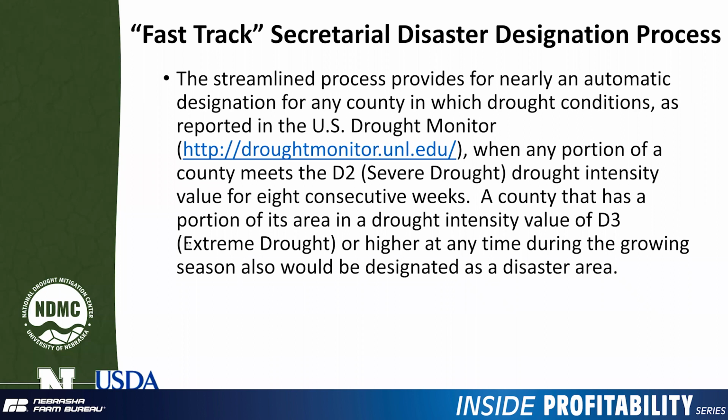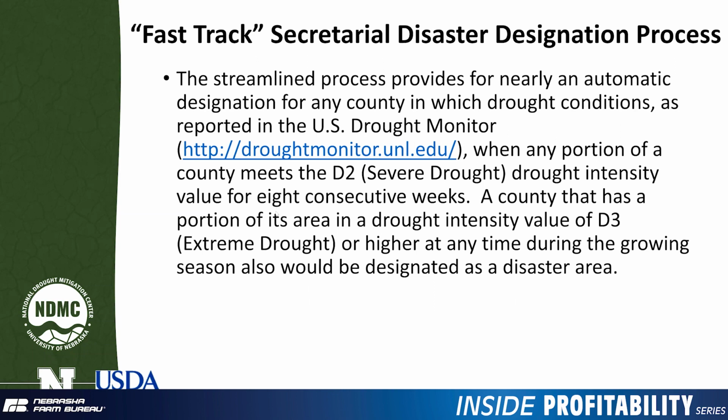And more information here just on that fast track process, which was a big one because it used to take months. I'm sure many of you listening to this will know, back in the 80s and 90s, before the Drought Monitor was used as a trigger, you may not have seen a check or a response to your impacts for several months or a year after the drought was there.